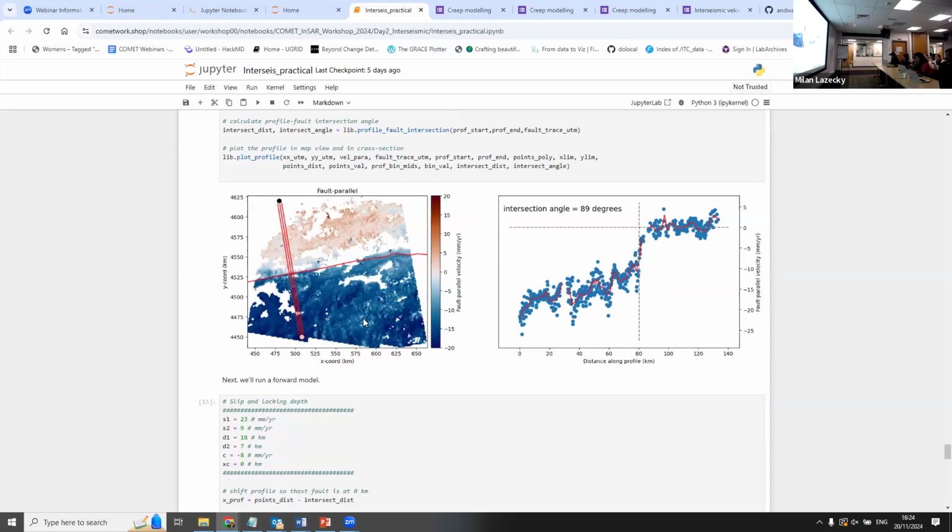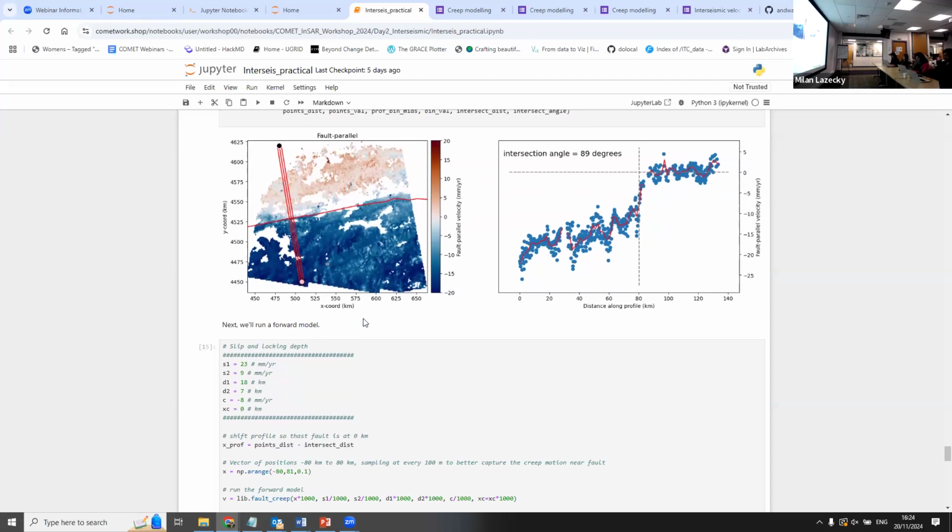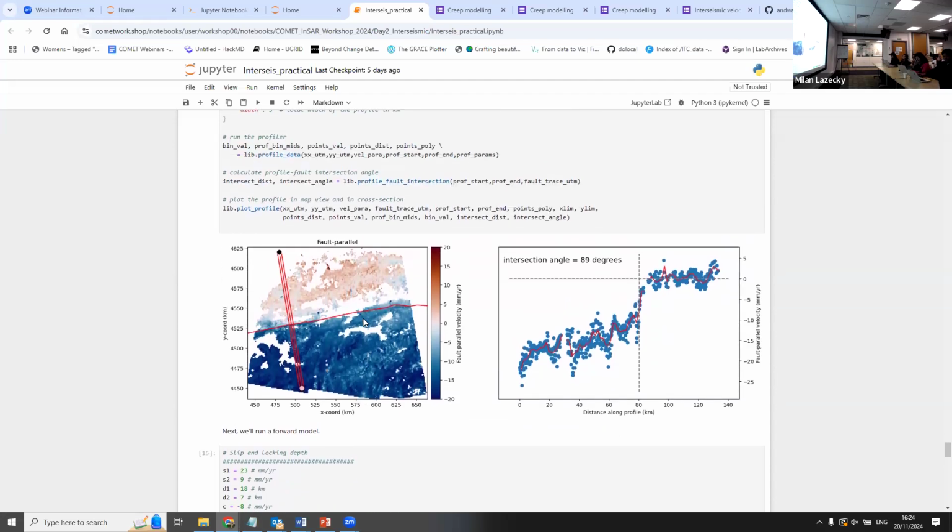You're looking for along-strike consistency. So you look at one profile, but check the profiles on either side, and if the creep extends for quite a few kilometers, then you'd be more confident. You'd expect the creep to exist for quite a few kilometers.